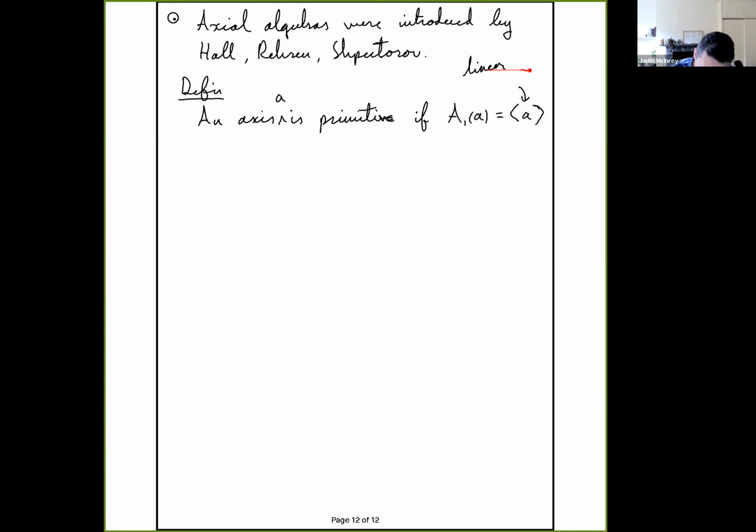So that's as a subspace. So it's certainly true that A must be contained in the one eigenspace. And if that's the only thing in the one eigenspace up to scalars, I'm going to say my axis is primitive.